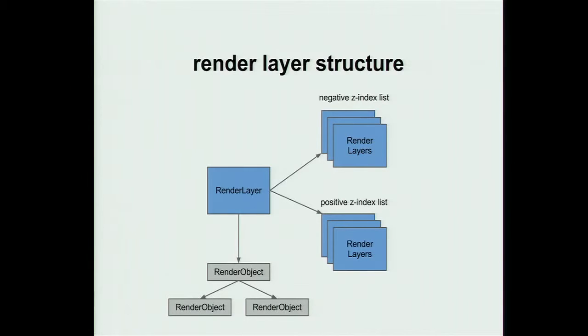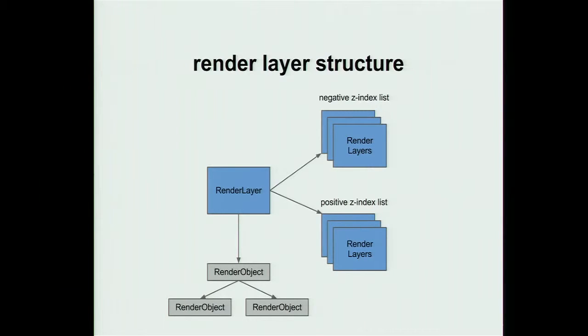So they're also used for stacking contexts. So it looks kind of like this. Render objects don't always flow the same way the DOM does. So if something has a layer, they're seated inside of that layer in the layer tree. And each render layer has two ordered lists, one of the negative z-indexes in order and one of the positive.